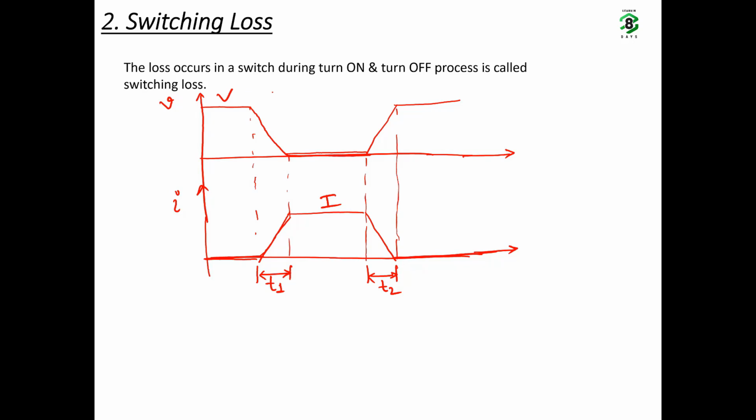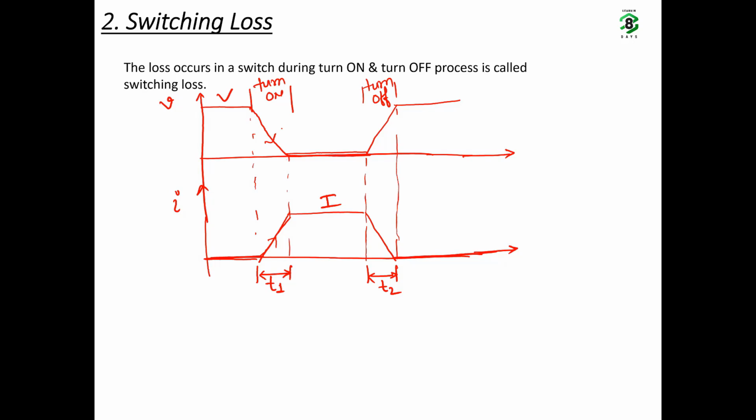From this duration to this duration it is turn on, and from this duration to this duration it is turn off, because here the voltage is gradually decreasing to 0 and the current is gradually increasing from 0 to some value I.